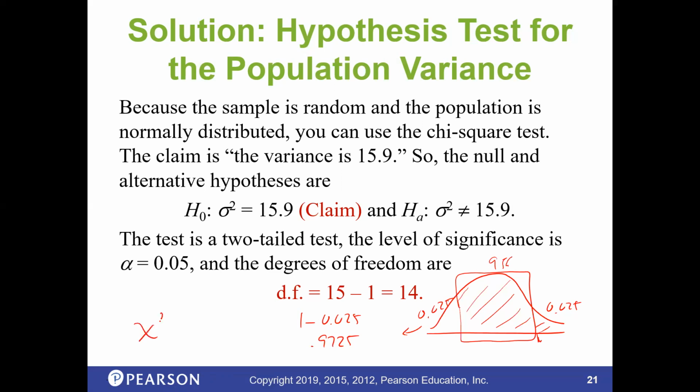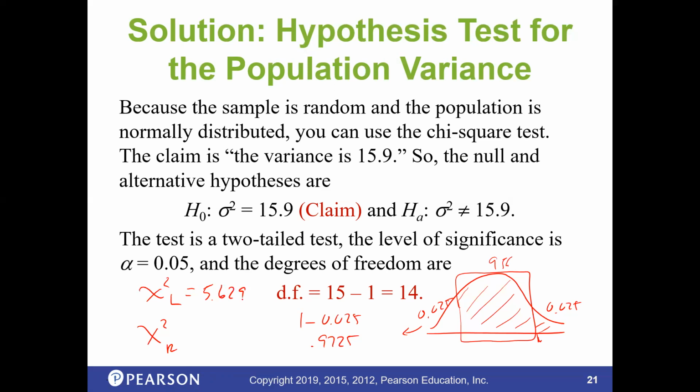Okay, I need a chi-squared left, and then I need a chi-squared right. You guys talk to me what those are. Sorry, writing it over because it was not nice. Okay, go for it. Chi-squared left or chi-squared right, whichever one. 5.629, okay.